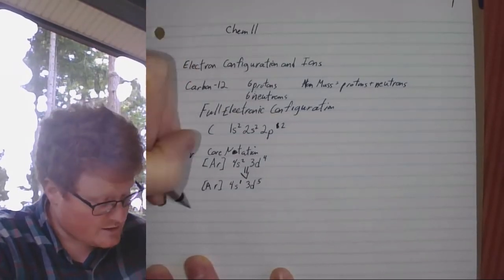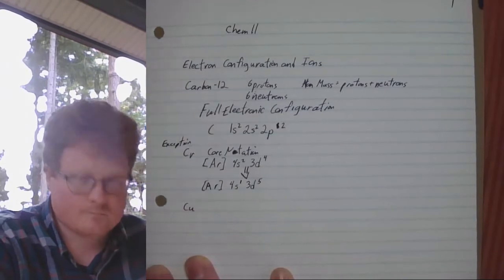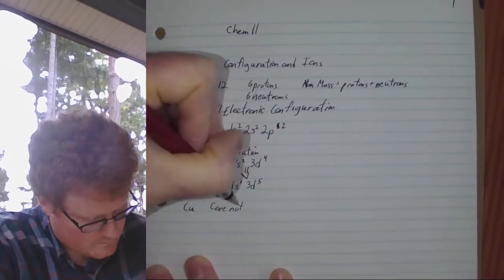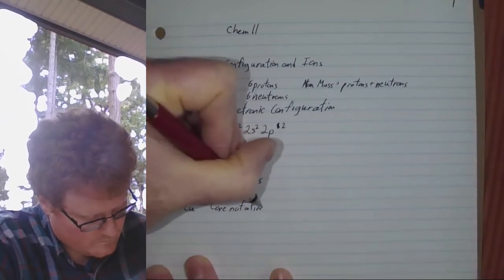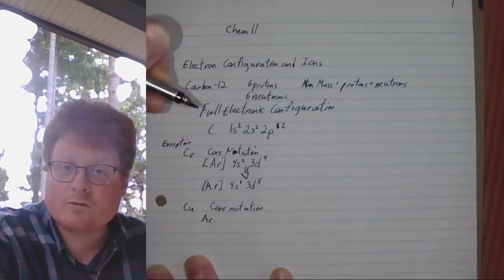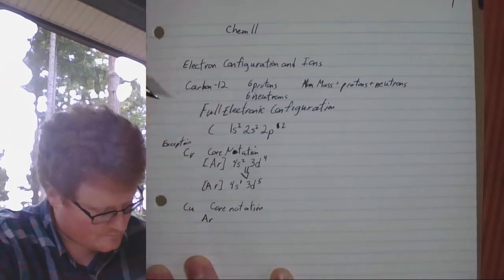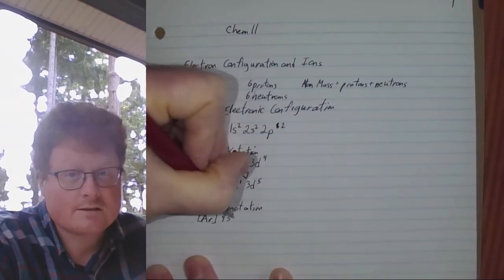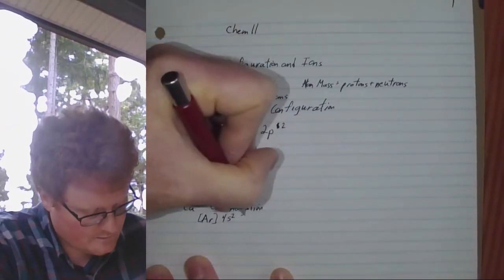The other exception is copper. The core notation of copper is again argon. It's all the way in the 9th one over in the 3d shell. So it has a 4s2 and a 3d9.